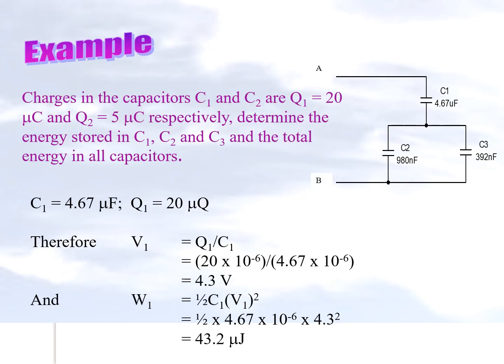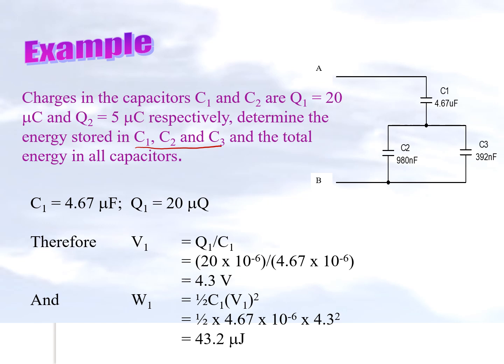So let's practice those definitions with a simple example. Here I have a network of capacitors, and I know that the charge on capacitor 1 and on capacitor 2 is equal to 20 microcoulomb, and I'd like to determine the energy stored on the 3 capacitors and also the total energy in all 3 capacitors.